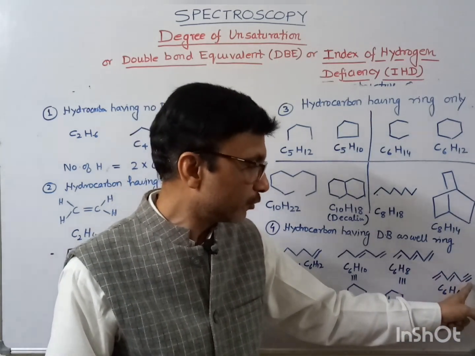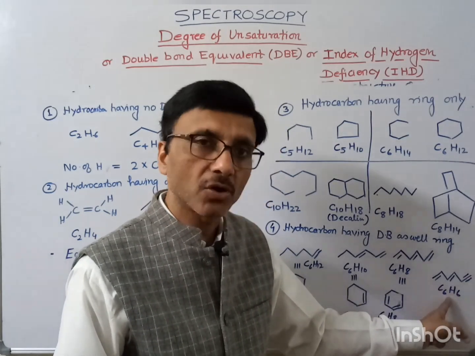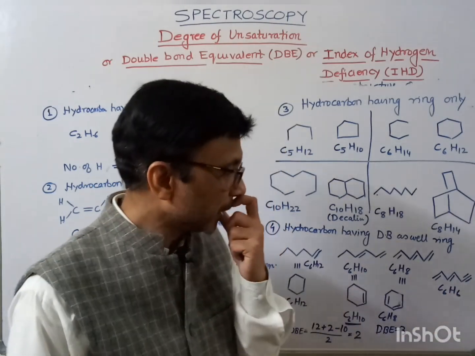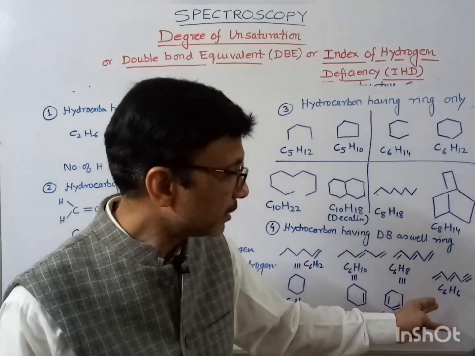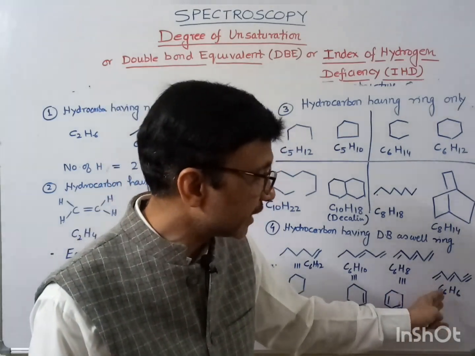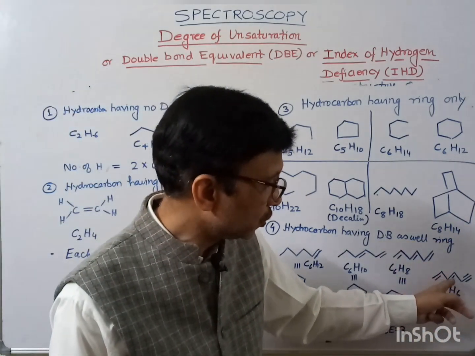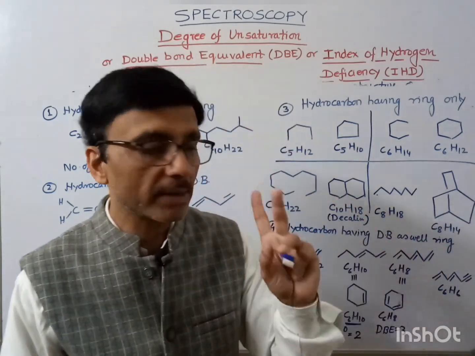I have put one more multiple bond, then the hydrogen count will decrease by 2. So this is C6H6. So if you find the double bond equivalent for this, it will come out to be 4. So 1, 2 pi bonds, 3 pi bonds, 4 pi bonds. So 4 pi bonds are there.